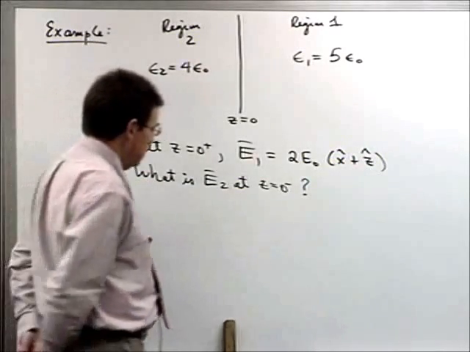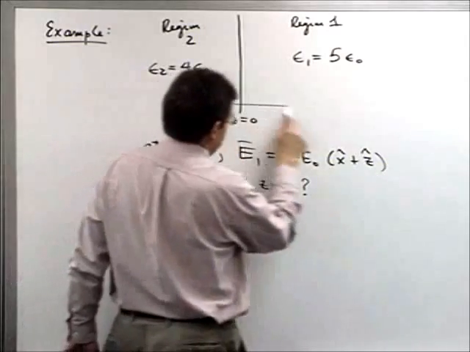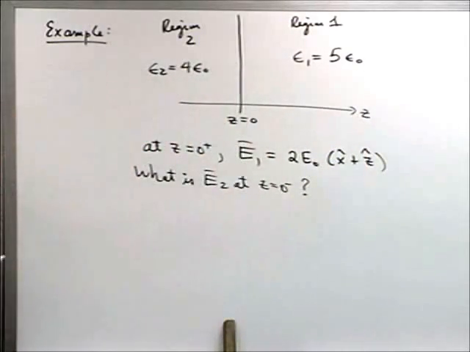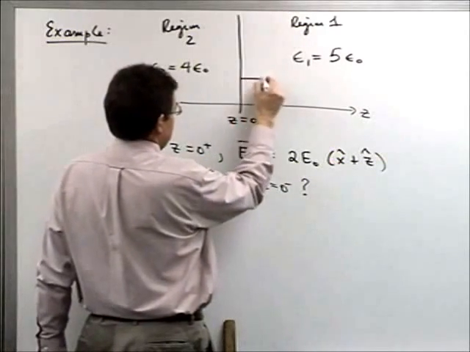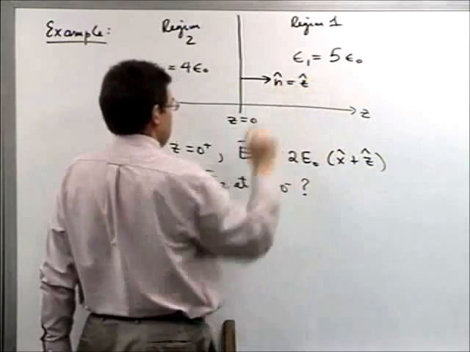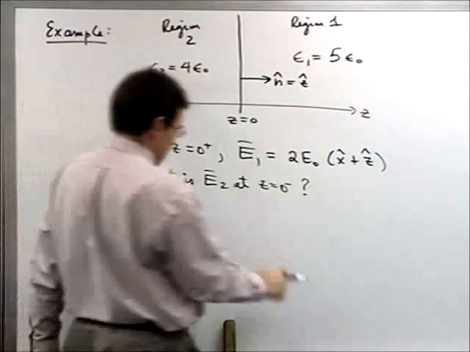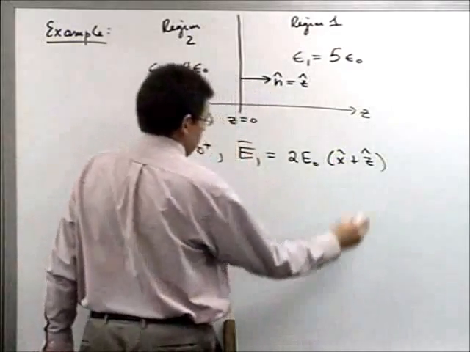Okay, so this is the z equals 0 plane, right? So this is the z-axis running that way. So the normal vector here, if we wrote down a normal vector pointing into region 1, would be along z. So the z component here is the normal part.